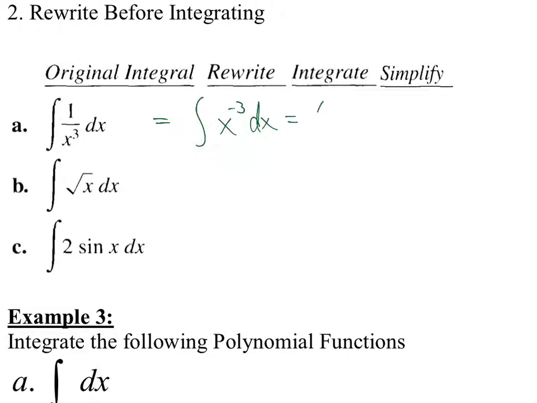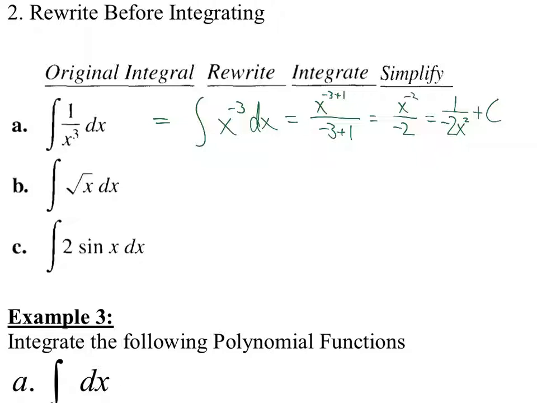I add 1 to the exponent and divide by that new exponent. So it's x to the negative 2 over negative 2, which is 1 over negative 2x squared, plus c.